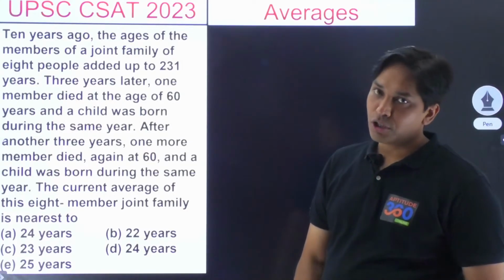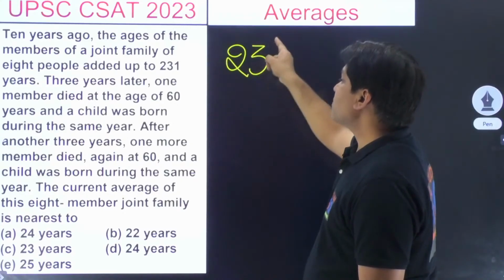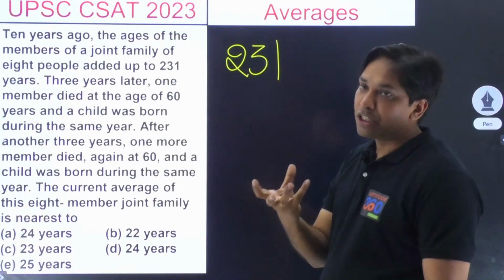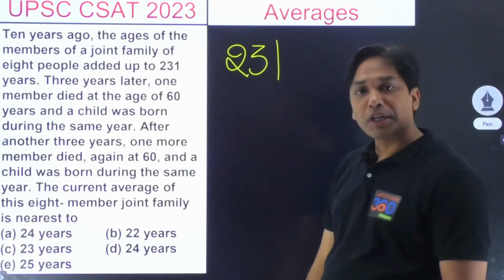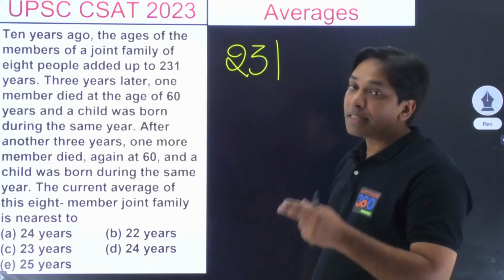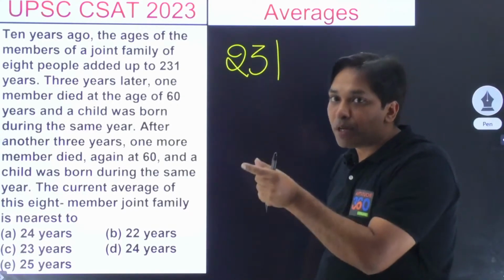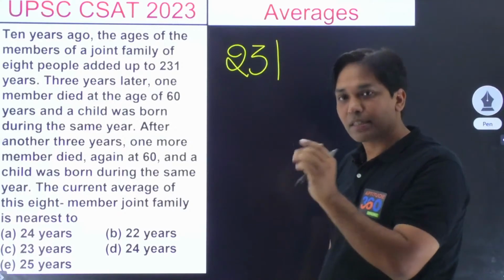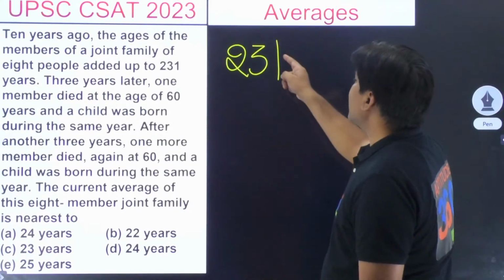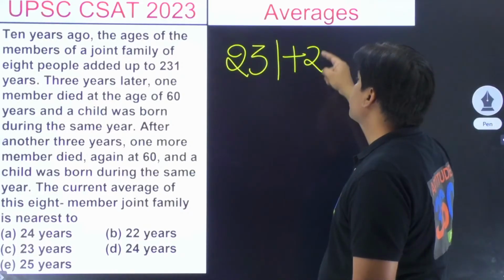How should we approach? 10 years back, not their average, but the collective age of 8 persons is 231 years, right? 3 years later, every member's age will be increasing by 3 years, isn't it? So there is going to be a benefit of 8 into 3, which is 24 years.